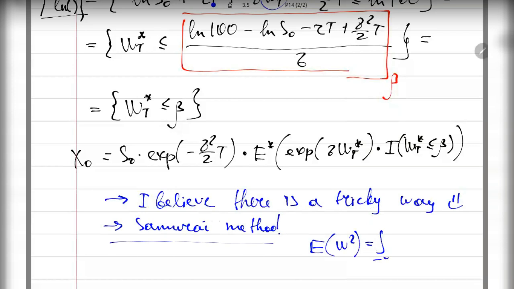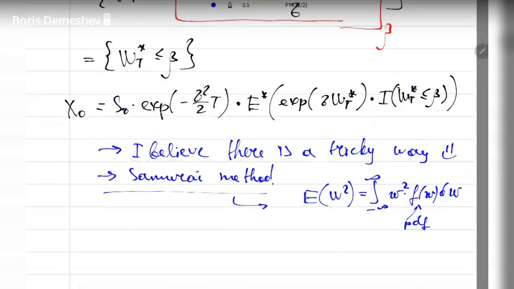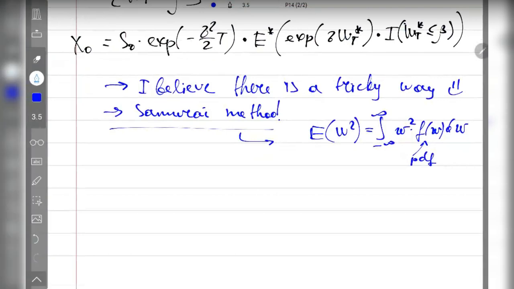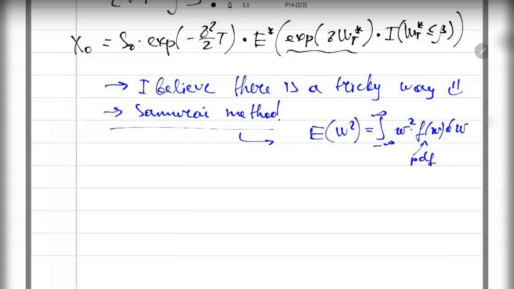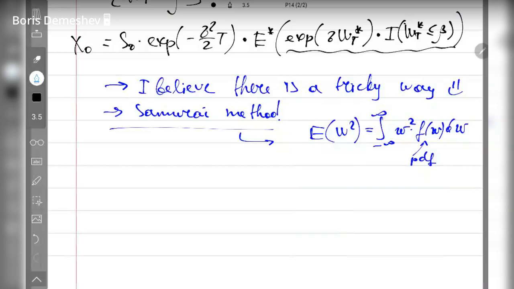You need to integrate from minus infinity to infinity W squared times the density function, the PDF. So I will use the samurai method. But I believe it's possible to construct some martingale to transform this value into a martingale and obtain the result directly. Okay, let's be a brave samurai and let's integrate.